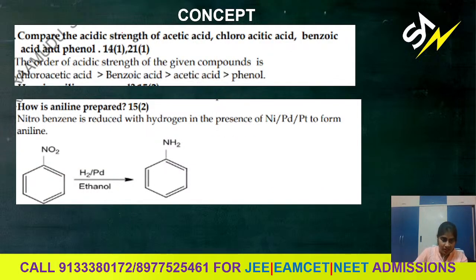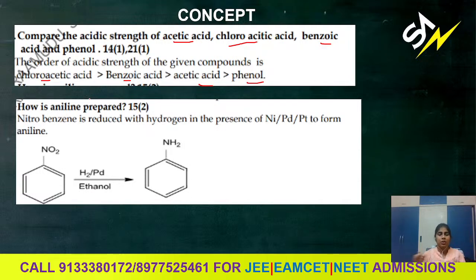And next, there are a few concept based questions, that is to compare the strength of acids. Here acids are given as acetic acid, chloroacetic acid, benzoic acid and phenol. If you compare the acidic strength, chloroacetic acid is more acidic compared to benzoic acid, next acetic acid, next phenol.